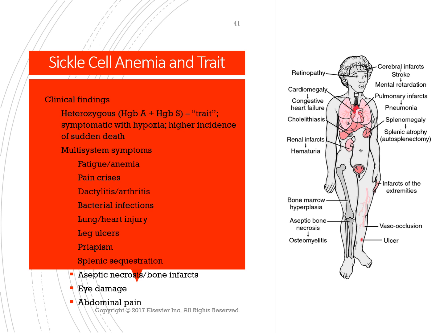Clinical findings: if they are heterozygous and have hemoglobin A plus hemoglobin S, then that means that they have the trait, not the disease. They may become symptomatic with hypoxia and have a higher increase in sudden death with the disease, not the trait.